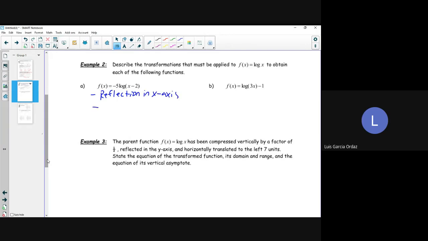What is another transformation? Horizontal translation 2 units right. And we have one more. You have a vertical stretch by a factor of 5.